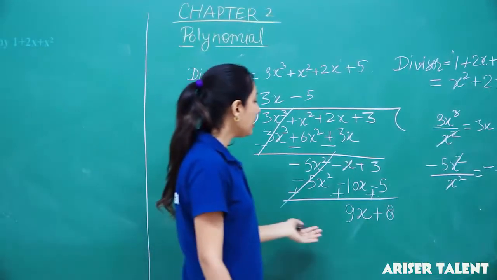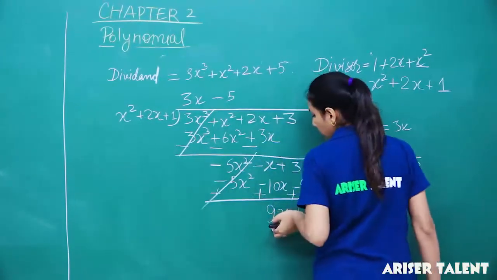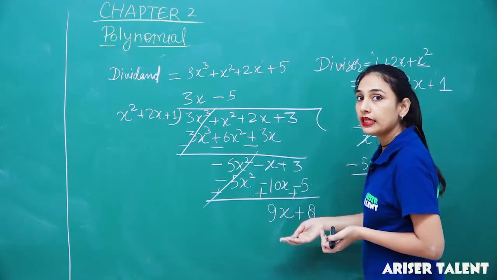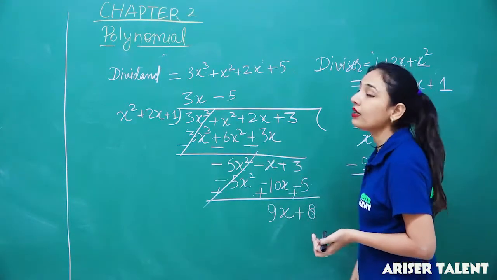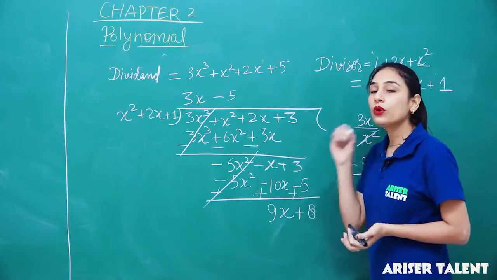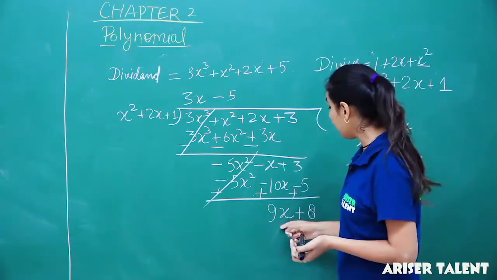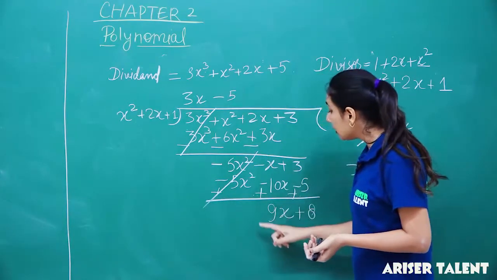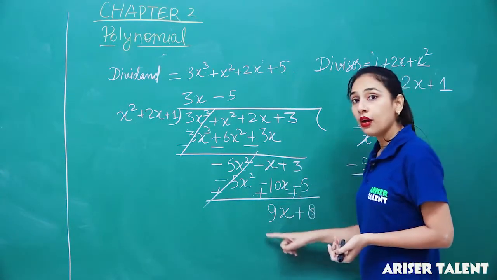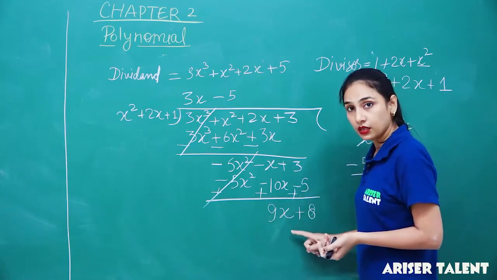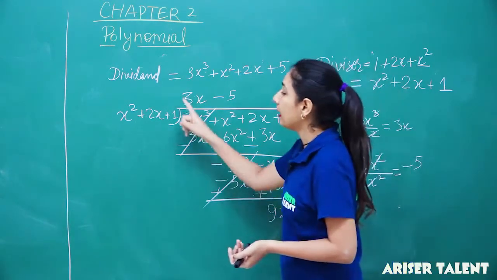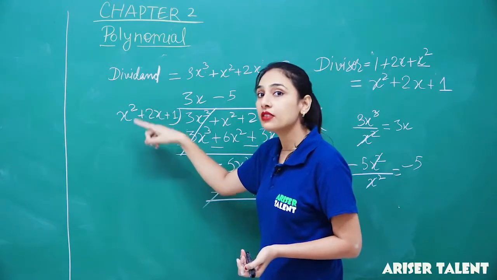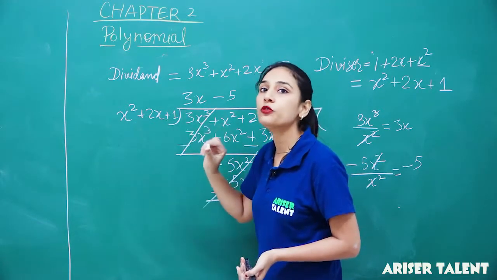Now look here, you have got 9x here and x square there. Now you cannot divide this by this, because whenever the degree of dividend is less than the degree of divisor, you will stop this process.